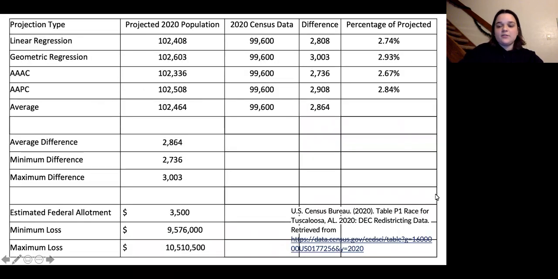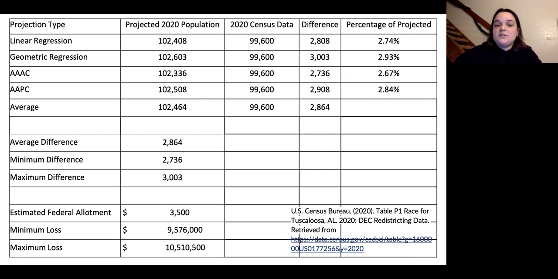And here we have another summary of this data. And we're going to compare that to the 2020 census data that was collected for the city of Tuscaloosa. So the census data for 2020 is 99,600.